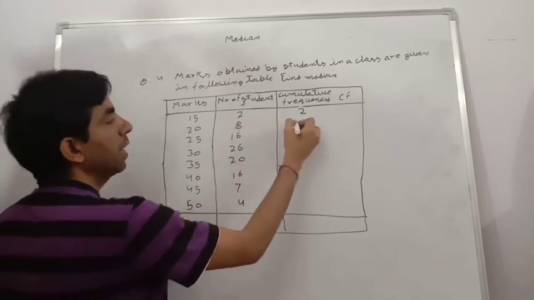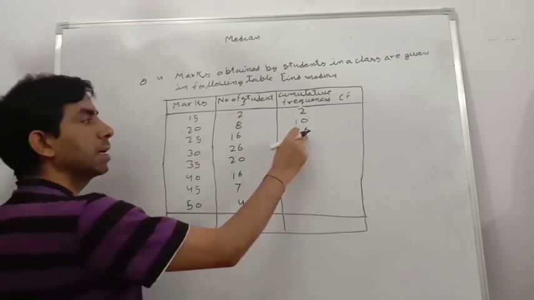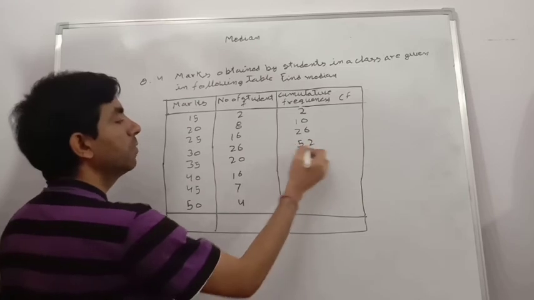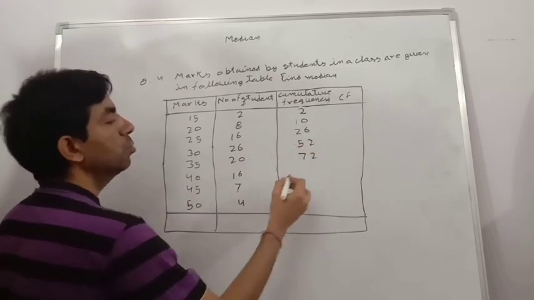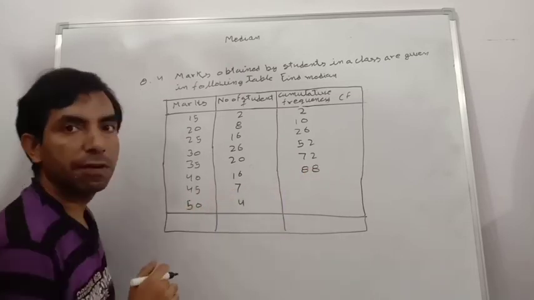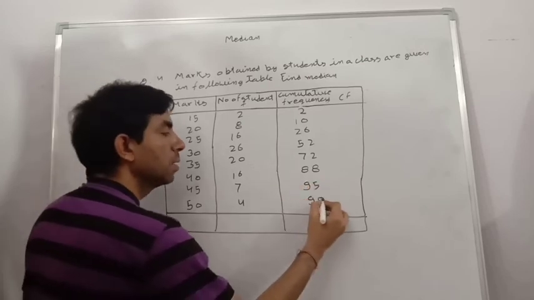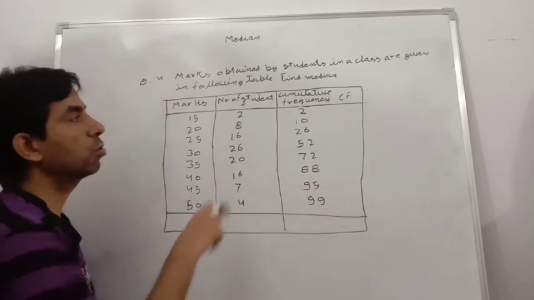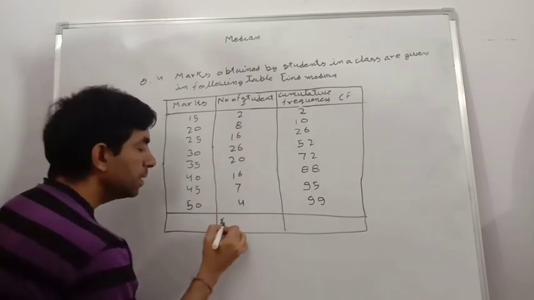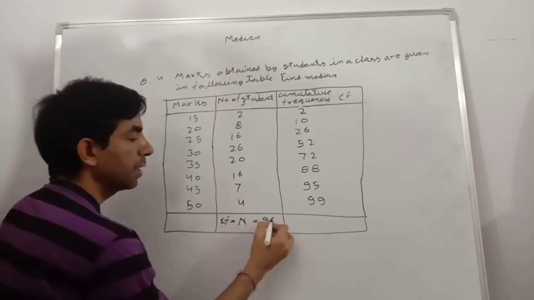So 2 and 8 is 10, 10 and 16 is 26, 26 and 26 is 52, 52 and 20 is 72, 72 and 16 is 88, 88 and 7 is 95, 95 and 4 is 99. So the sum of the frequency and the last cumulative frequency are the same. So the summation of f, in other words n, equals 99.